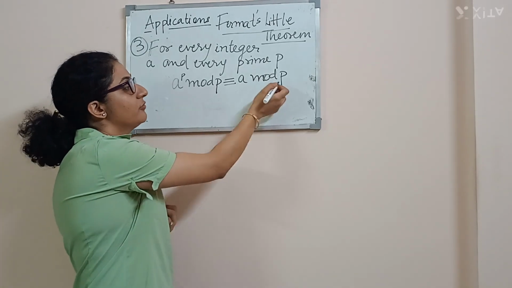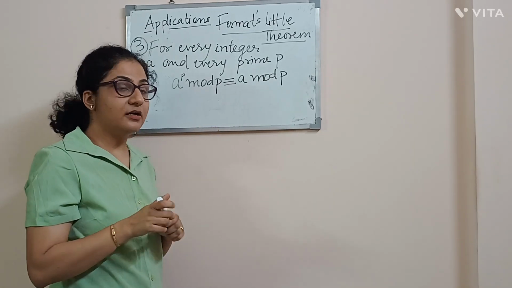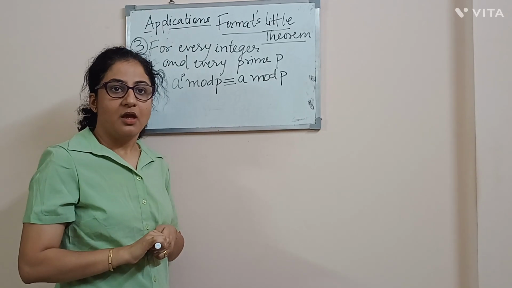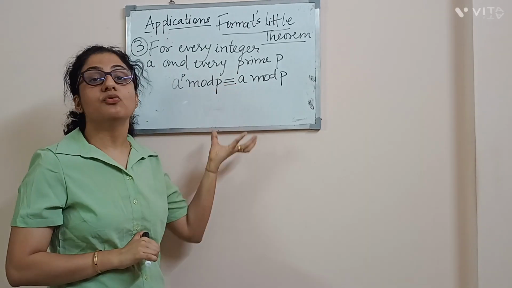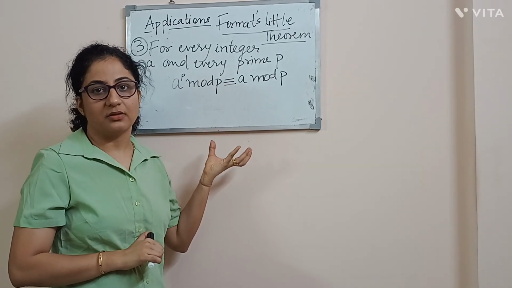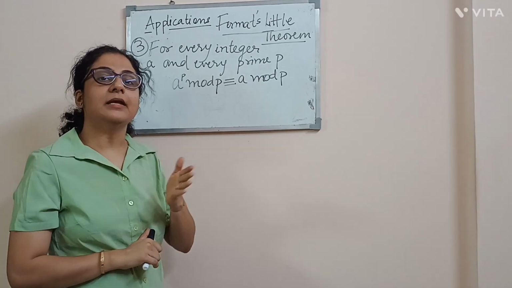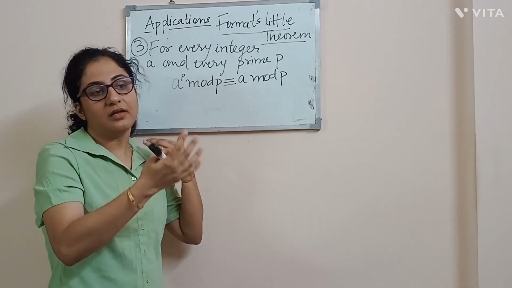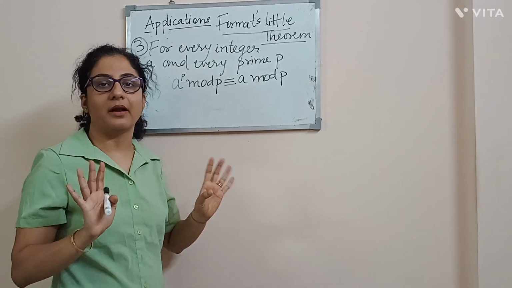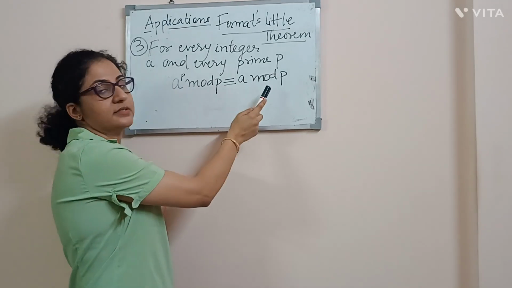This is a very important result in terms of calculation because it reduces the calculation. If a is any integer and p is any prime, whether they have any relation or not doesn't matter, we would always have this.